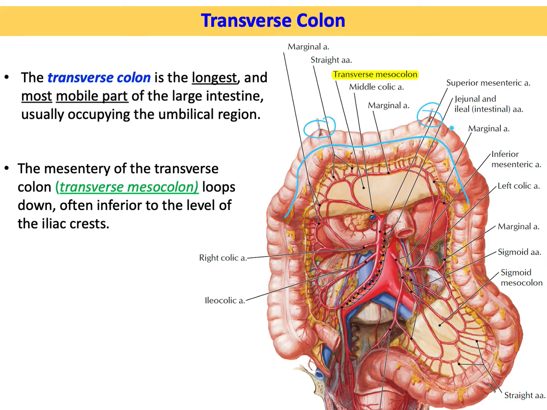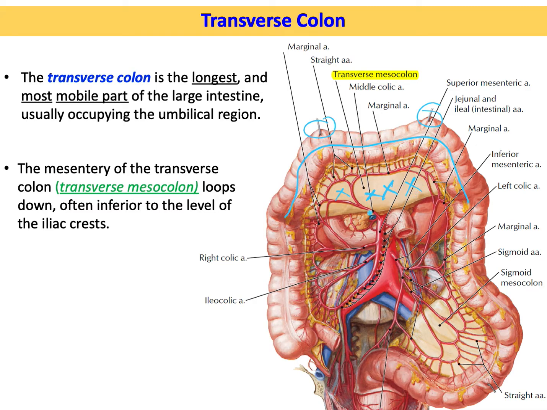So it is the longest and most mobile part of the large intestine. It's mobile because it has its own mesentery that connects it to the posterior abdominal wall.